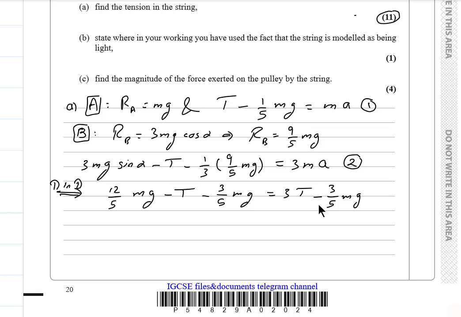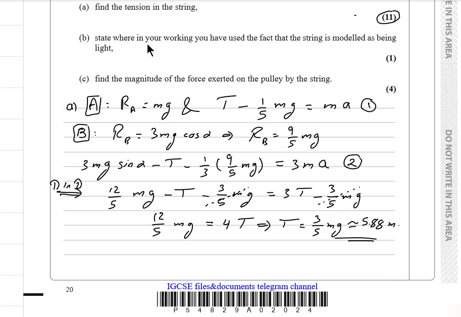We are lucky because negative 3 over 5 mg will go to the left-hand side with a positive sign and cancel with this, and then we have only 12 over 5 mg, and we will move negative T to the right-hand side to be 4T. By dividing by 4 we get T to be 3 over 5 mg, or approximately 5.88 m. Okay, very good.